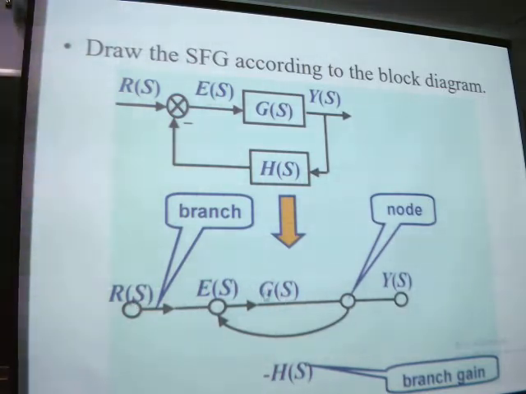This G and this minus H are all gains of this signal flow graph. This tells us how to translate a block diagram into its corresponding signal flow graph.